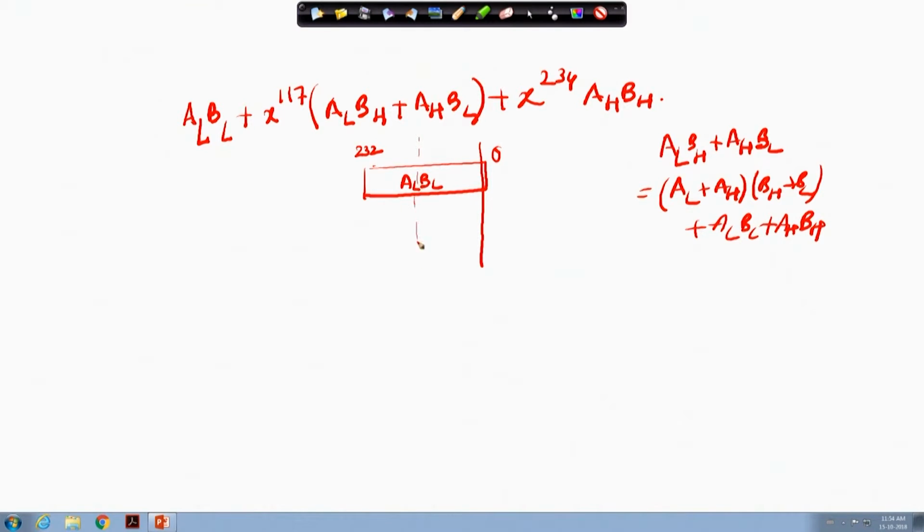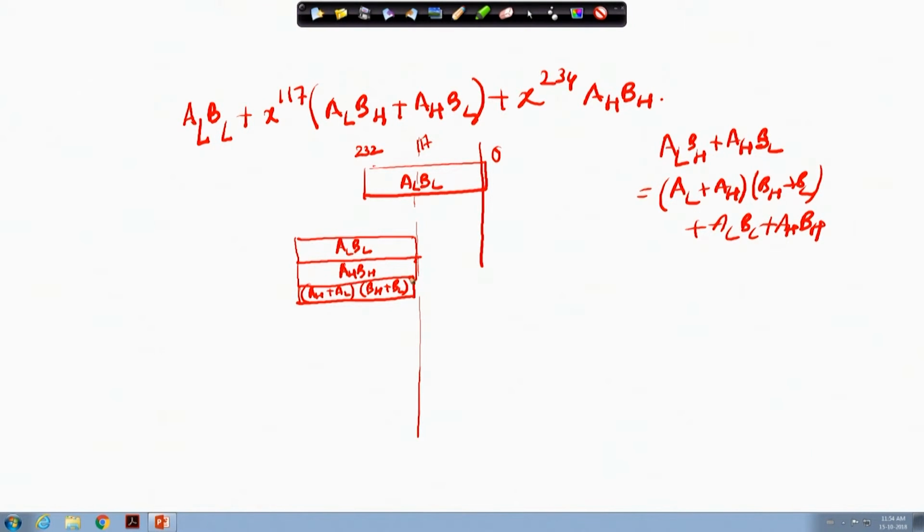If I draw this line, there is a line at 117 from which these 3 parts are starting. So essentially what I have got is 3 parts, which are nothing but ALBL, likewise HBH, and (H plus AL) multiplied with (BH plus BL). So this is my third part.